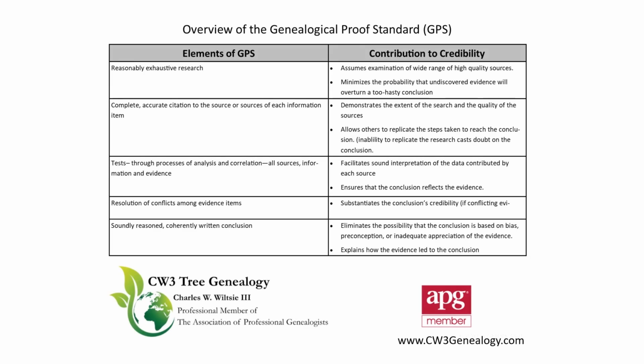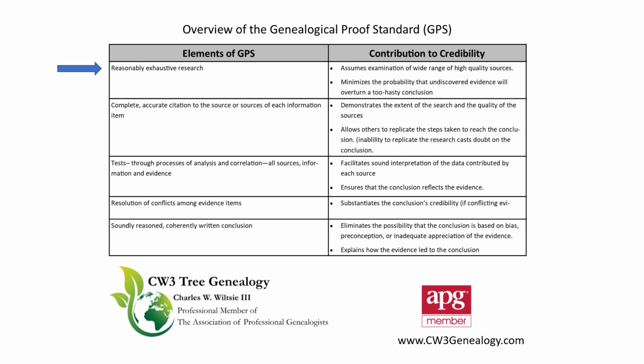Okay, so now we're going to take a look at the overview of the Genealogical Proof Standard, or the GPS. What you're going to see here is the elements of GPS and the contribution to credibility. So if you look at the first thing, number one is going to be a reasonably exhaustive search. That means you're going to research out everything you need to know about the individual or individuals you're focusing on.